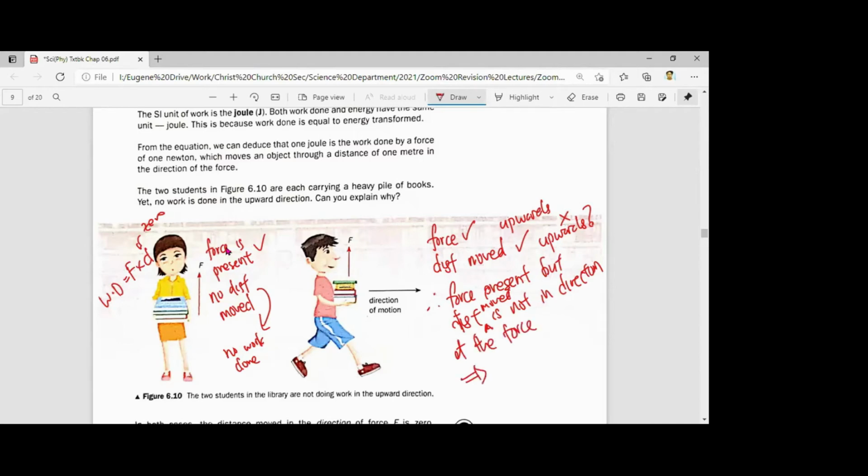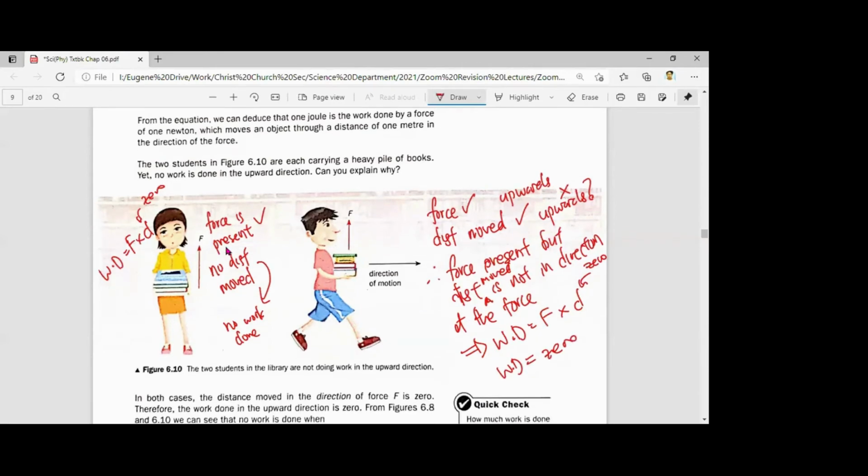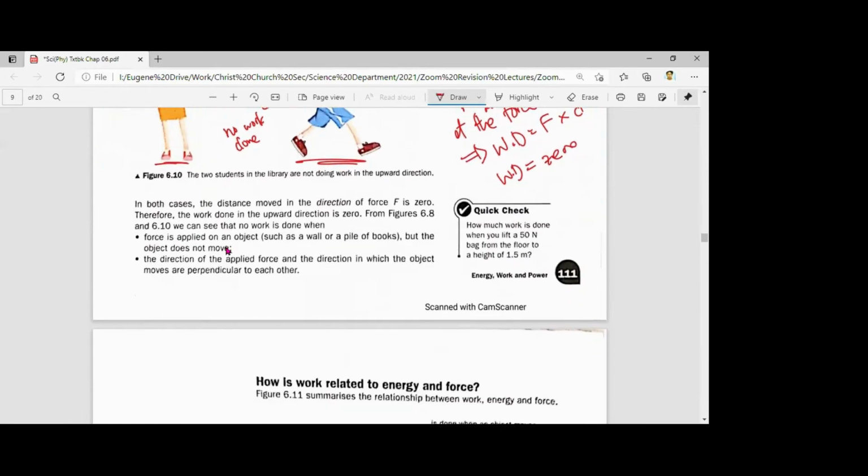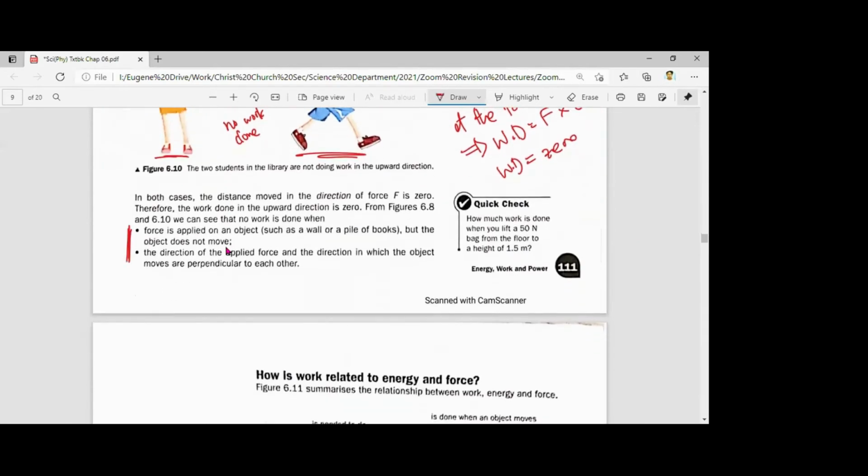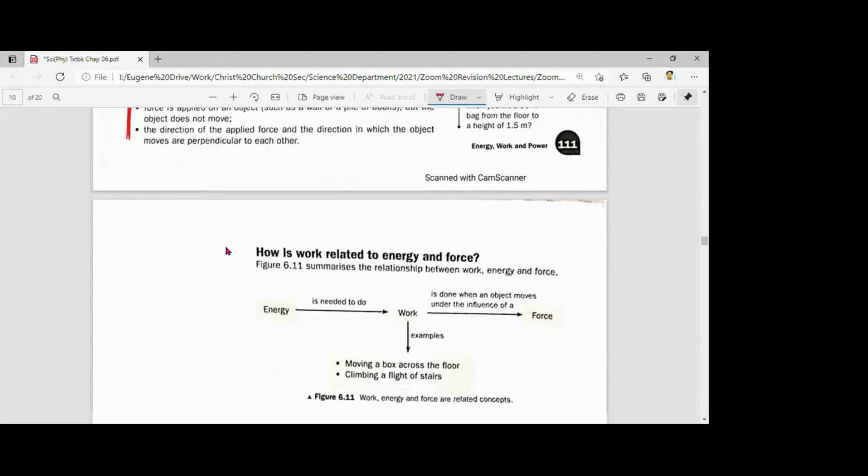So WD equals force times distance, and since it is not in the direction of the force, the distance traveled in the direction of the force is 0. As such, the work done is also 0. These kinds of cases, I need you to take note of, because they like to come out in MCQ. So be aware of how to go about evaluating this. The explanation a little bit more is here, so do take note of it.